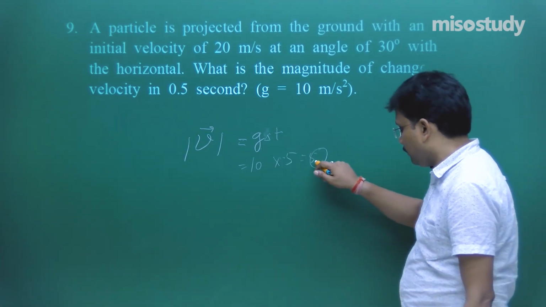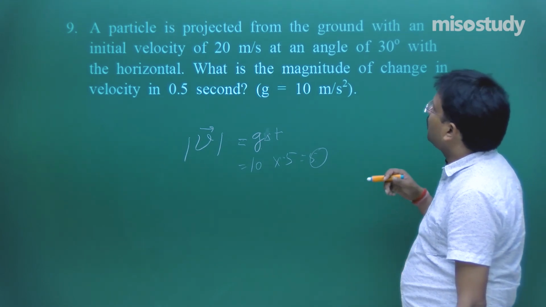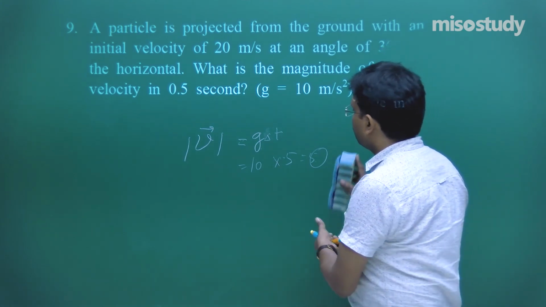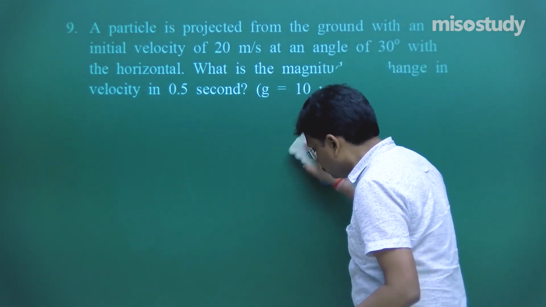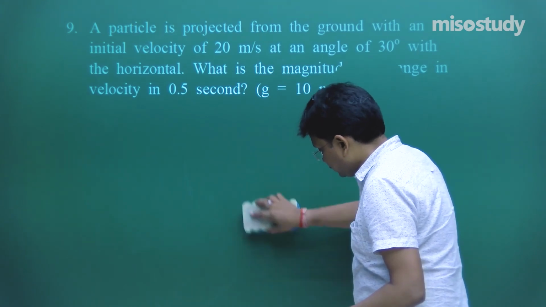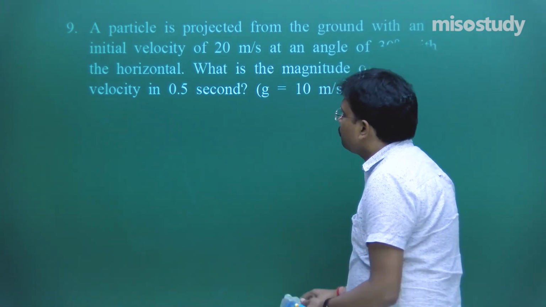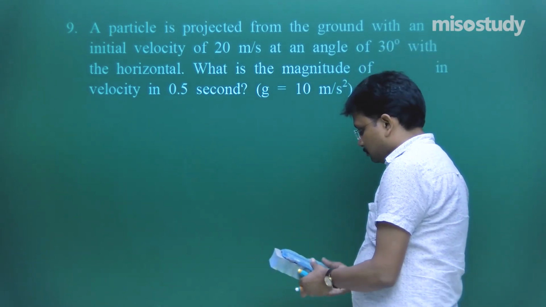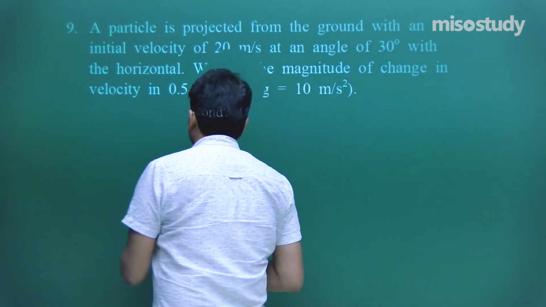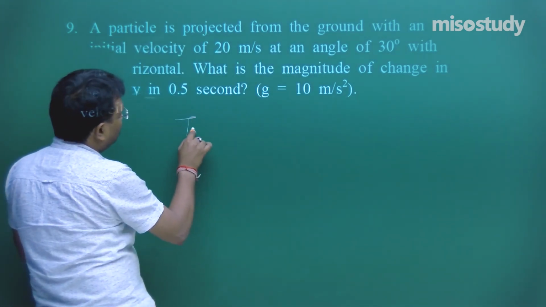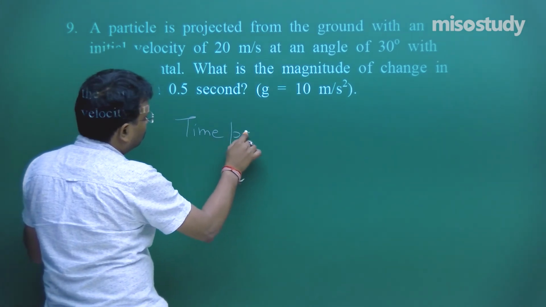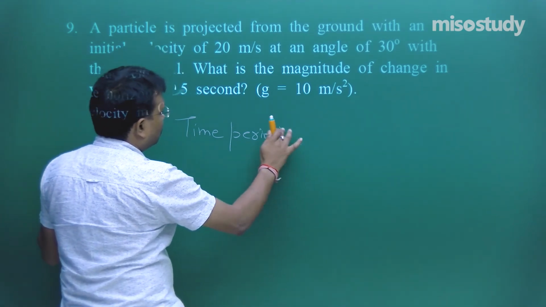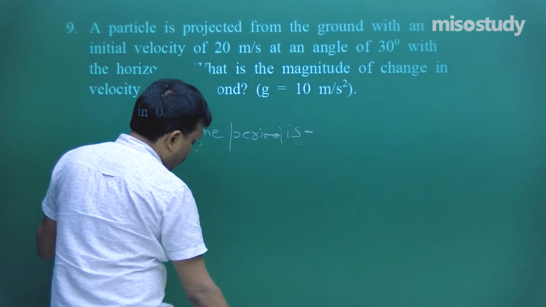So, you will get the velocity, and then projected from the ground with initial velocity at an angle this much. Once you solve it, you will get the result. Now time period, fine, time period is equal to how much?